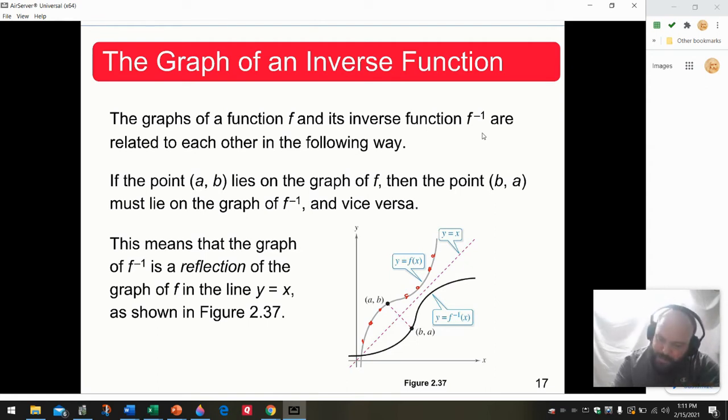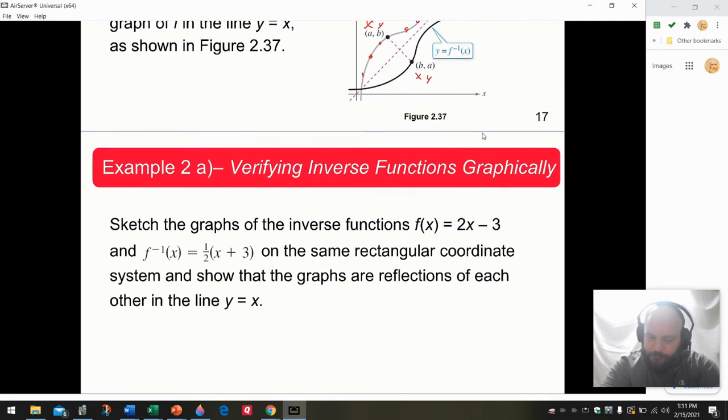What was x here and y here now becomes the y and then the x. That's how you can graph inverse functions very easily: if you have a function, you can put some ordered pairs on the graph, then just flip-flop the x and y's and regraph them, and you'll have the graph of the inverse function.